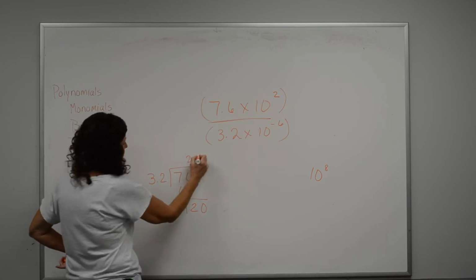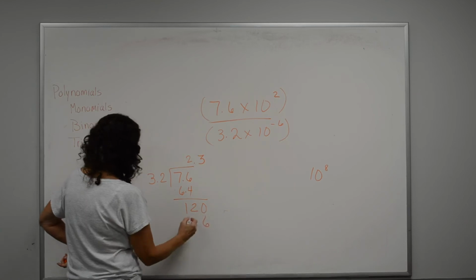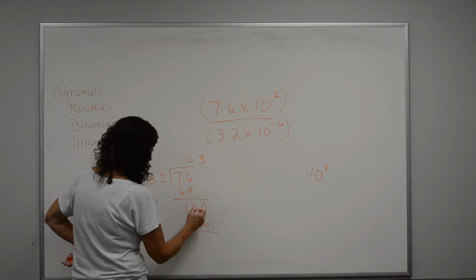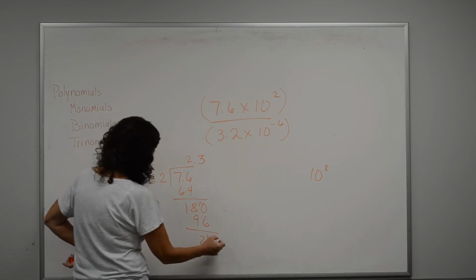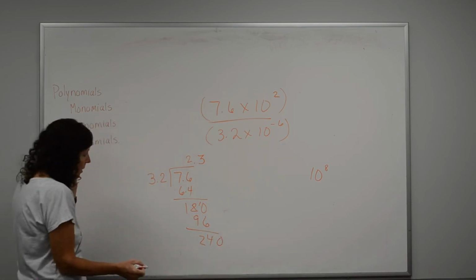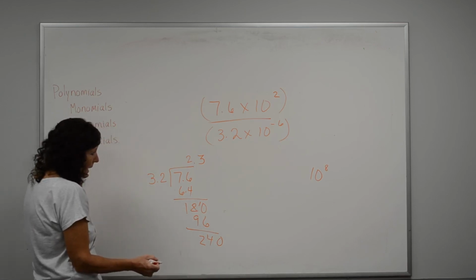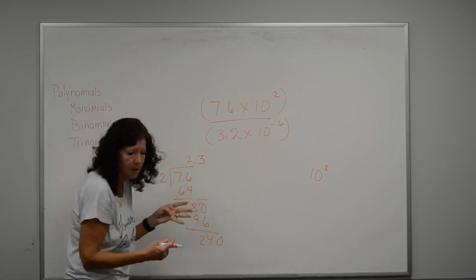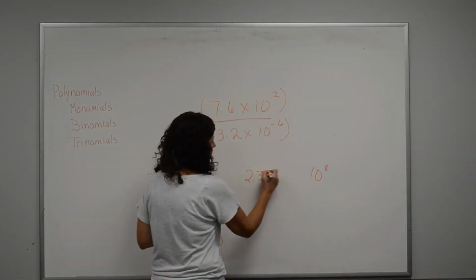Let's say that goes in there 3 times, so that's going to give me 6 and 9, so 4, 240, I'm going to add a 0, about maybe 8 times. It's going to keep going, I don't know what it comes out to. 2.35. 2.375? Okay.